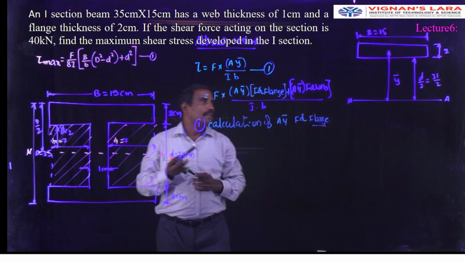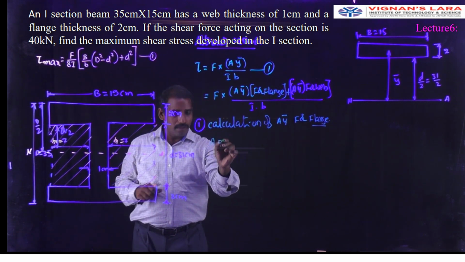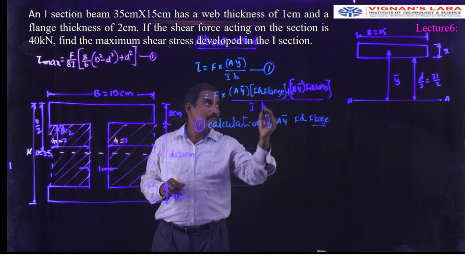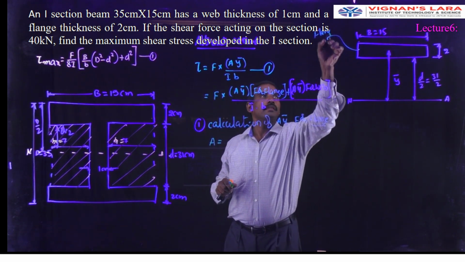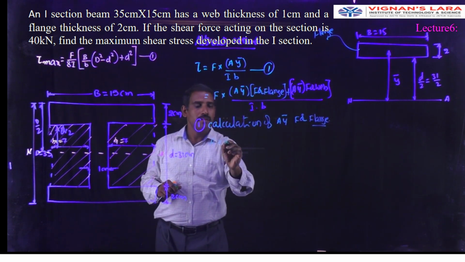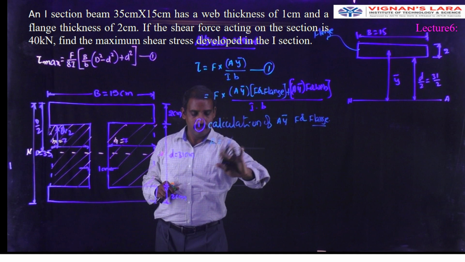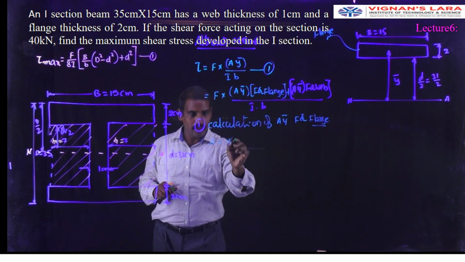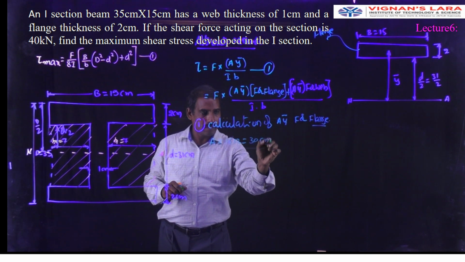From the geometry, what about the area A of the flange? That is B into thickness, 15 into 2, which is equal to 30 centimeter square.